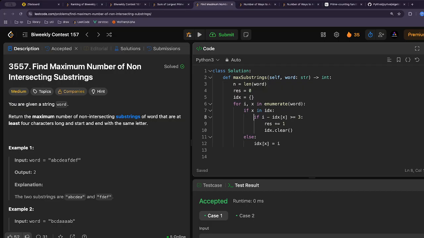If we've seen it, we check if the length is right. And if the length is right, that means that we're selecting that substring greedily. So we start over, we reset all our indices, right? So this should work.